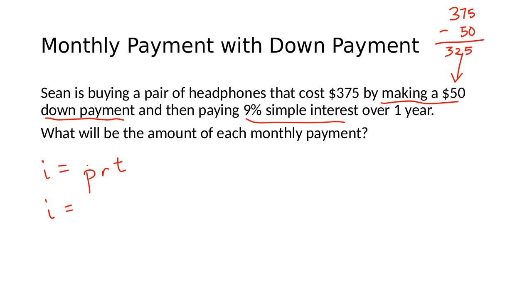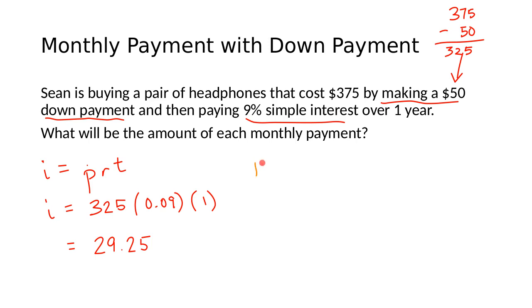So here, the amount of interest he's going to pay is using the balance after his down payment as the principal times the rate, which is 9%, times the time, which is 1 year. So we'll multiply those together, 325 times 0.09 times 1, and get an amount of interest that is $29.25.